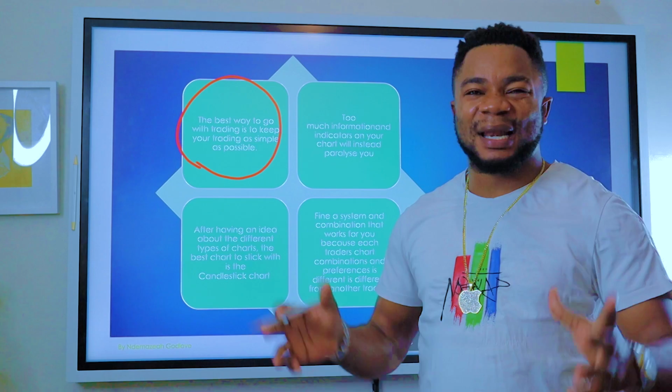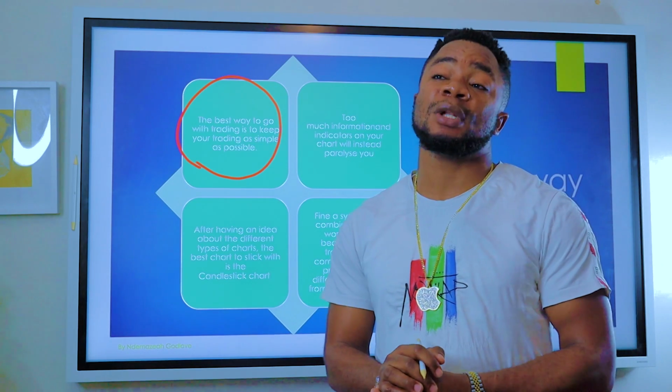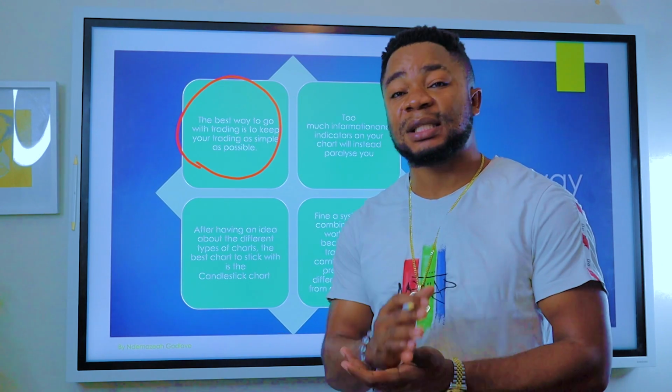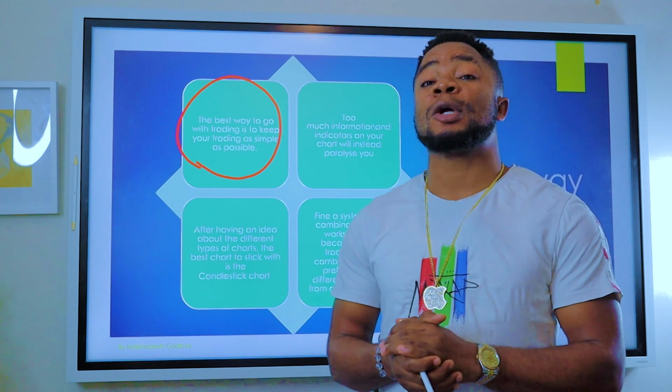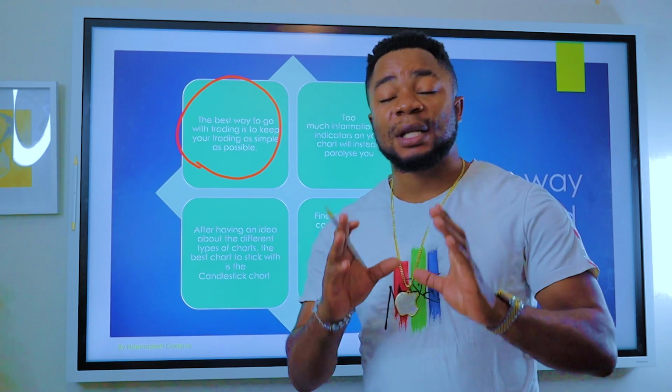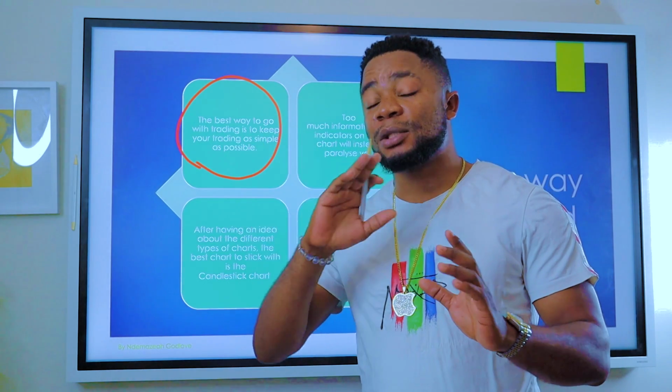You're just going to be paralyzed with that information, and too much information paralyzes you. So sometimes you just have to obey what we call the KISS strategy: keep it simply stupid.